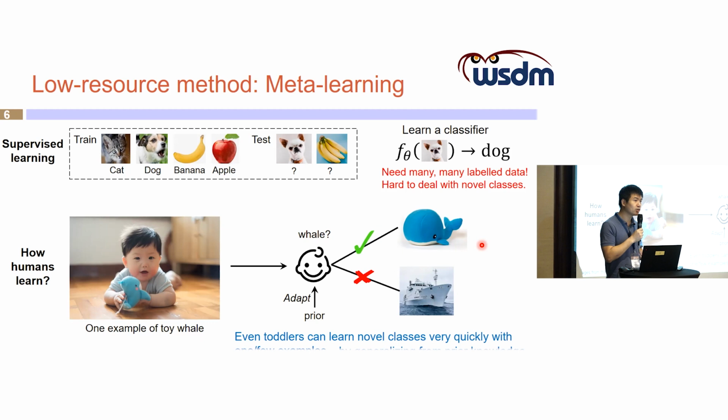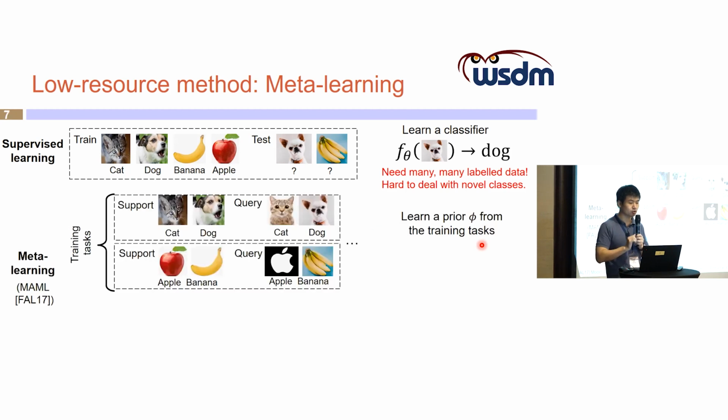So based on this prior knowledge and with this additional example, he can quickly adapt his prior knowledge to make a correct classification, right? So we can get inspired from how humans learn and use a different paradigm from supervised learning, which is called meta-learning.